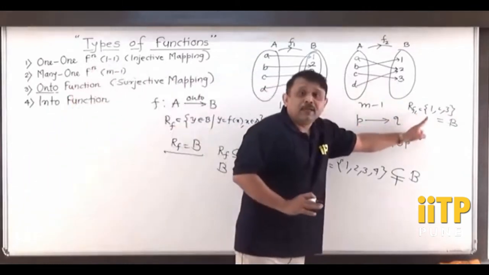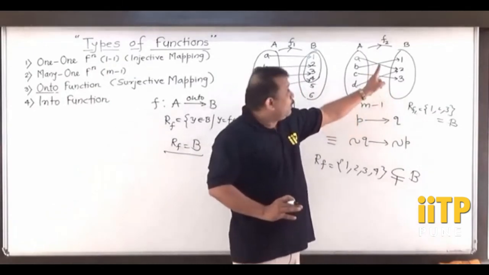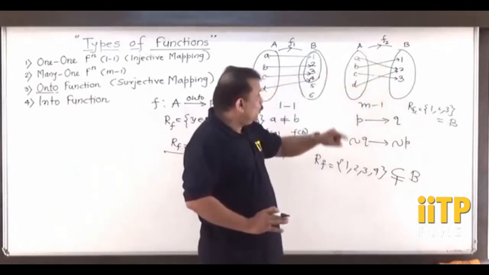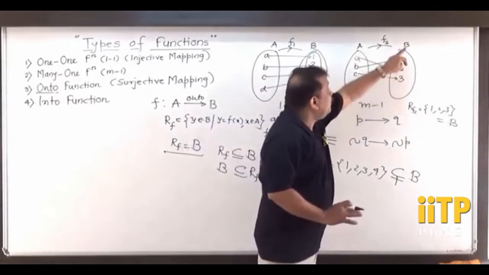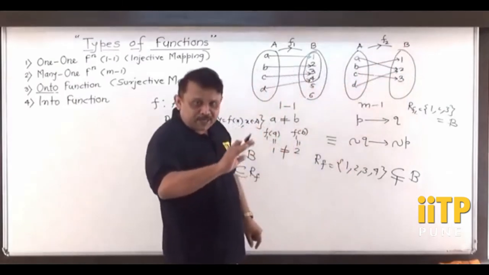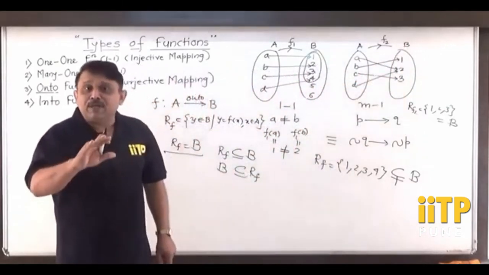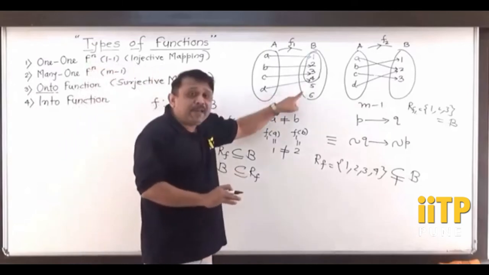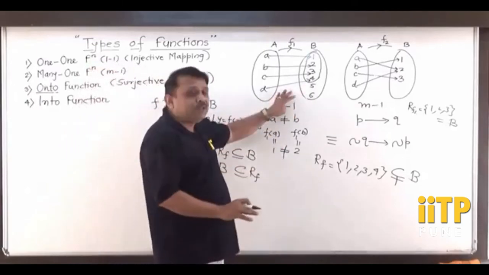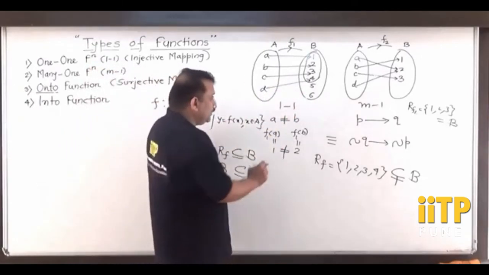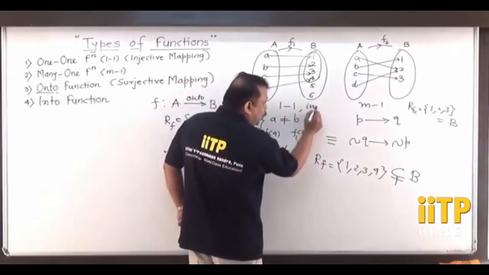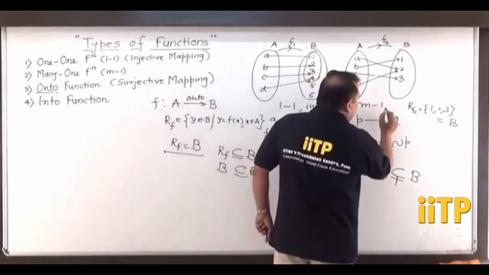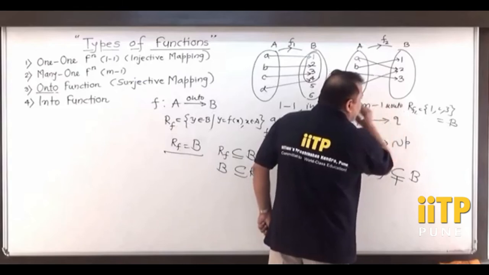So this is the example of an onto function, because here no element in B is left unrelated. Here 5 and 6 are not related, therefore the function is an into function. So this is a 1, 1 and into function, and this is a many 1 and onto function.